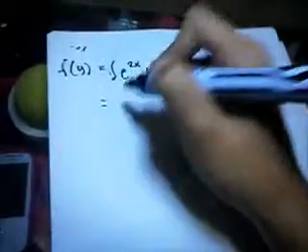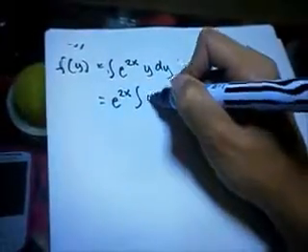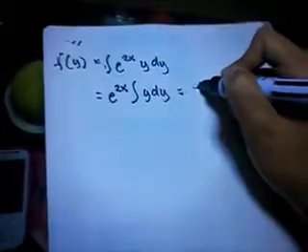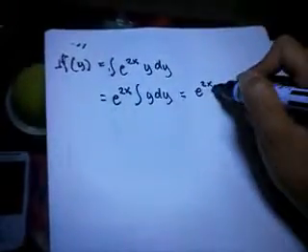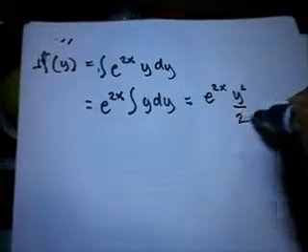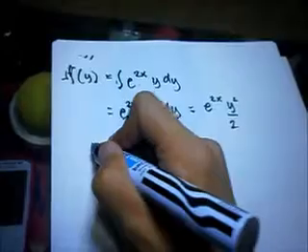We treat e to the 2x as constant and integrate y dy, and we have e to the 2x times y squared over 2. So that is our f of y, and we differentiate that one.